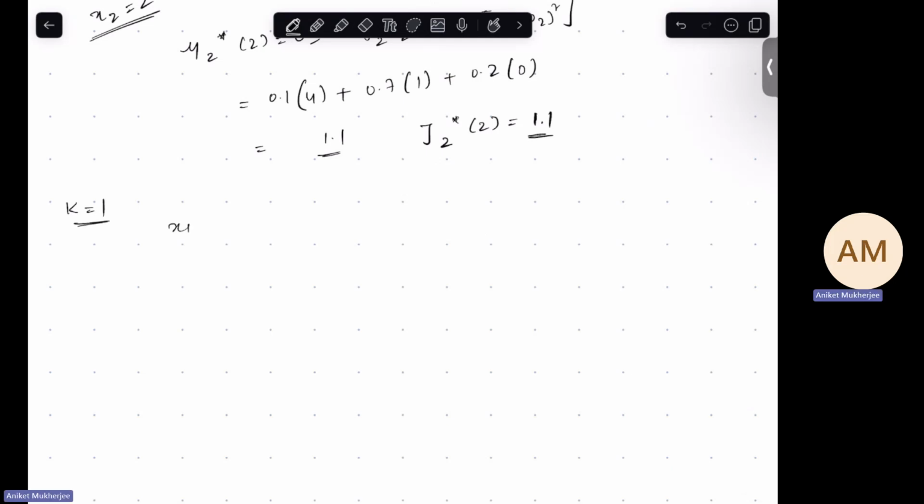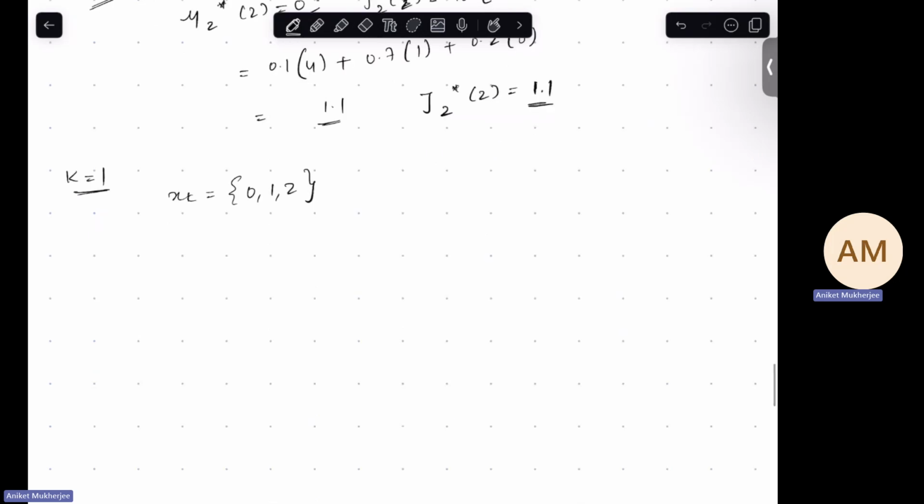At K equal to 1, xk can again take 0, 1, 2, any of these three values. So first we'll do it for x1 equal to 0. So we want J1 of 0, right? This is minimize u1 over 0, 1, 2, because if your x1 is 0, you can take any action 0, 1, 2.